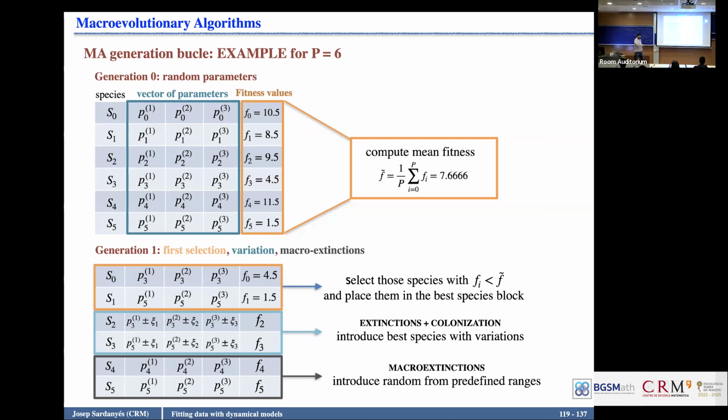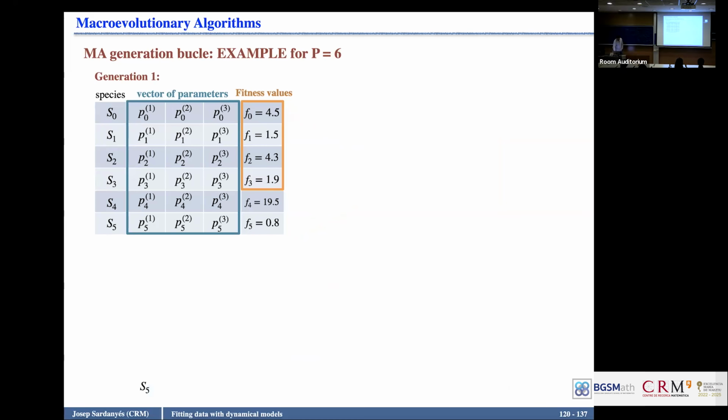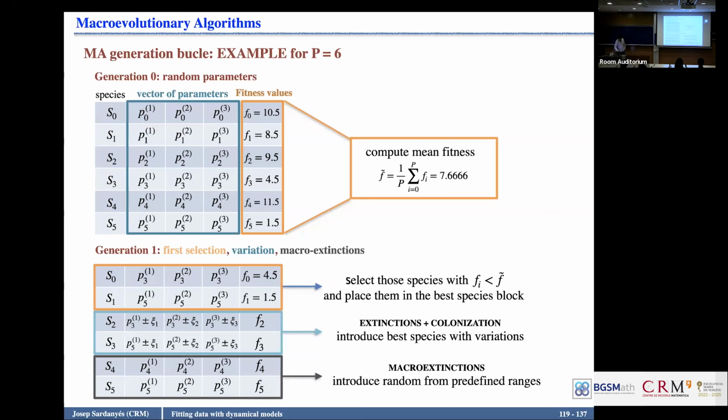In the other empty sites, I put random numbers from the initial ranges, completely random species. So this is extinctions plus colonization: I introduce the remaining species with variations, and then macro extinctions where I introduce completely random parameters. Then I end up with this table and I compute everything again.